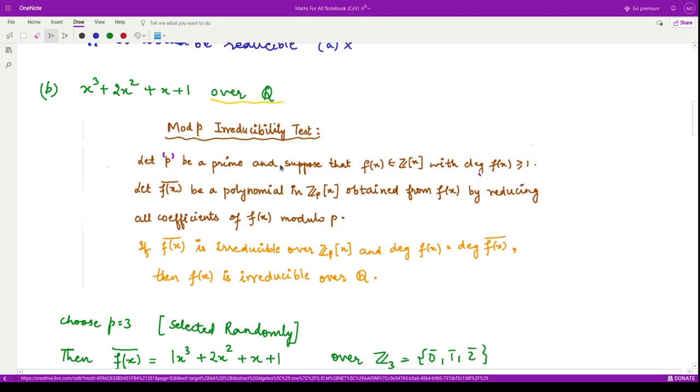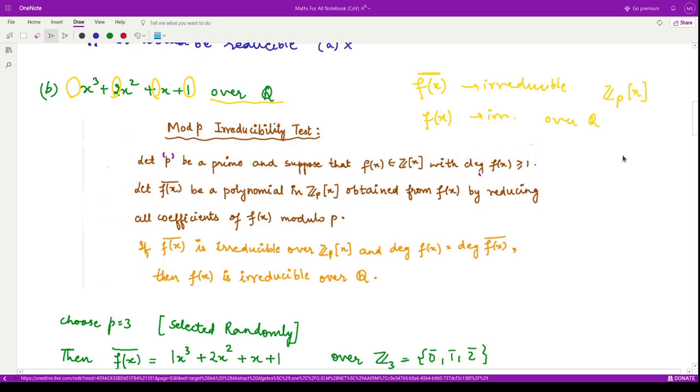It says that if p is any prime number, then we reduce this polynomial to some other polynomial f bar of x, in which the coefficients are reduced modulo p. And if the reduced polynomial f bar of x is irreducible over Z_p, that is, the integers modulo p, then the original polynomial f of x is irreducible over Q.